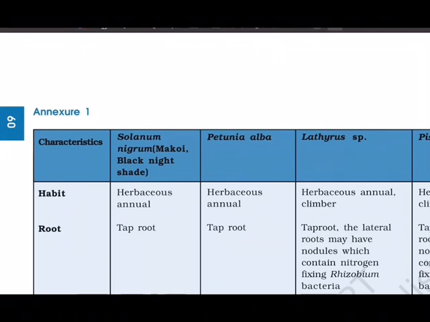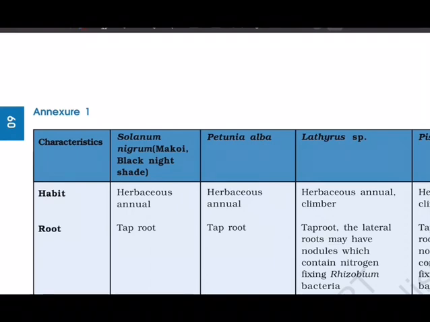So Solanum nigrum family is Solanaceae. Sometimes even Datura will be there. That's called nightshade. We can put that Datura also. And then also Petunia is available for us. That's also Solanaceae. We can talk about the Petunia alba or Solanum nigrum.